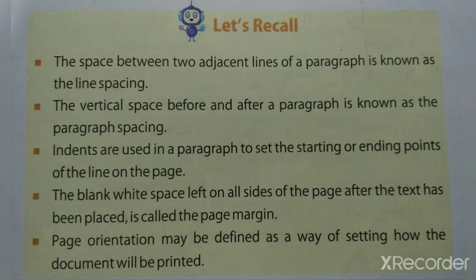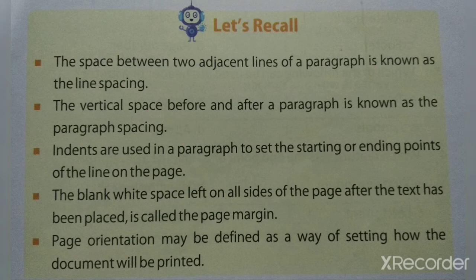Let's recall, children. The space between two adjacent lines of a paragraph is known as line spacing. The vertical space before and after a paragraph is known as paragraph spacing. Indents are used in a paragraph to set the starting or ending points of the line on the page.